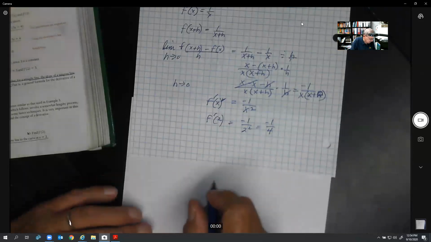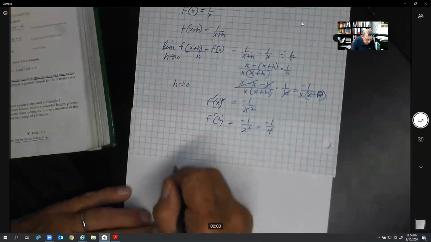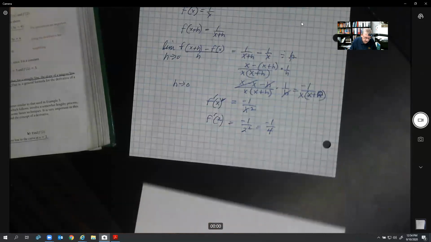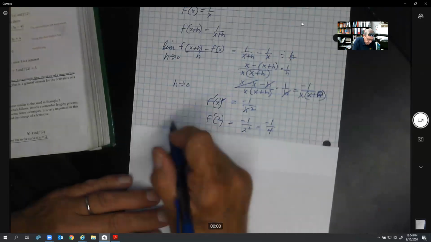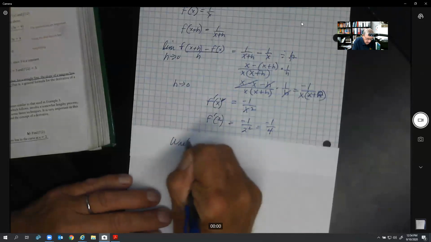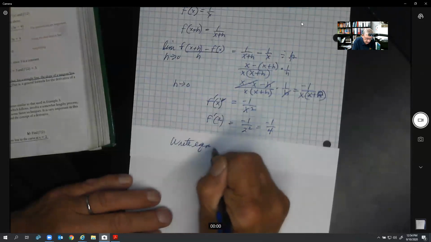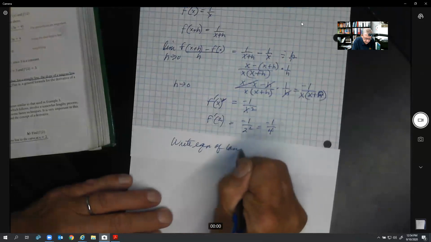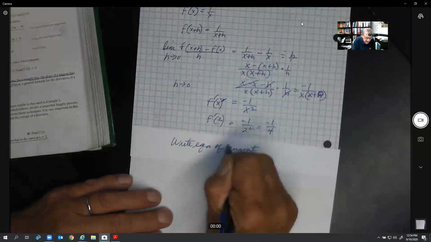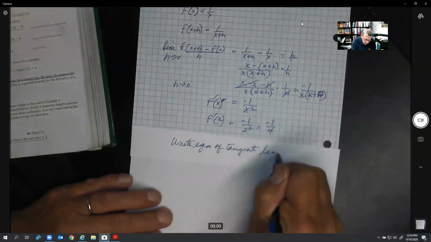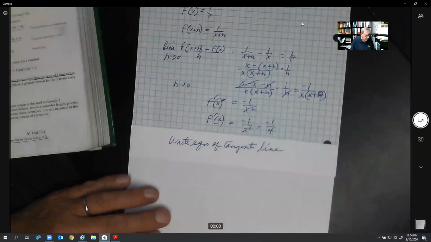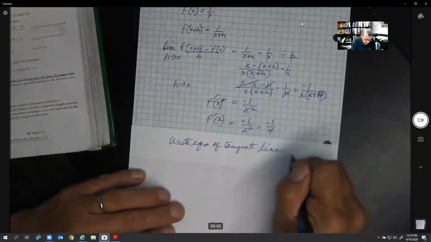The last thing, they want us to write an equation. Write an equation for this thing. Holy cow. Equation of the tangent line. Okay, how are we going to do that? At f prime 2.